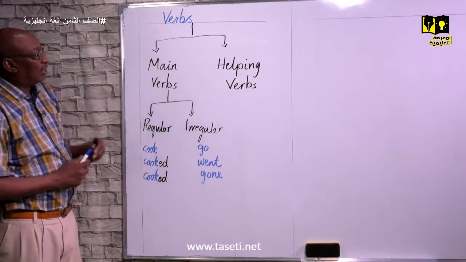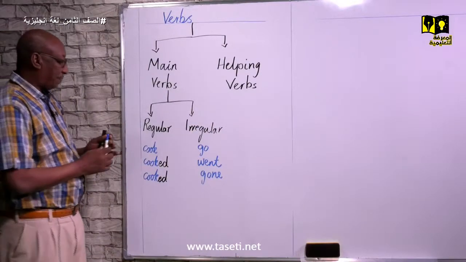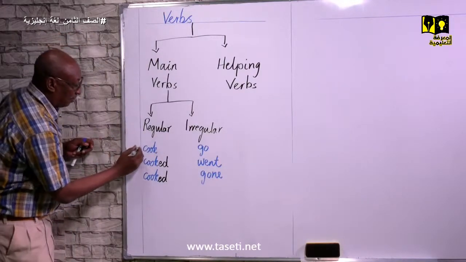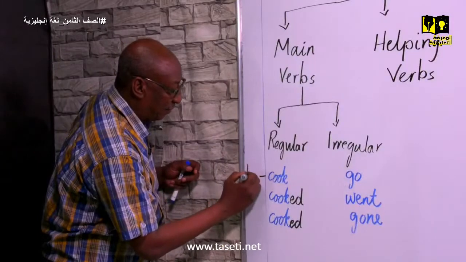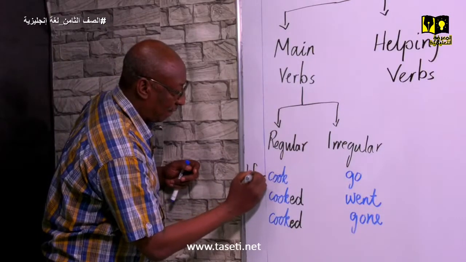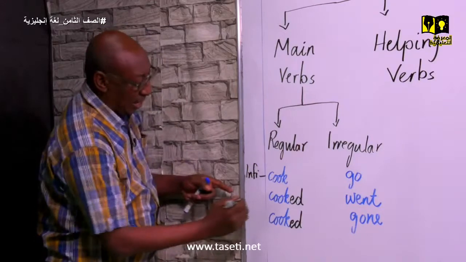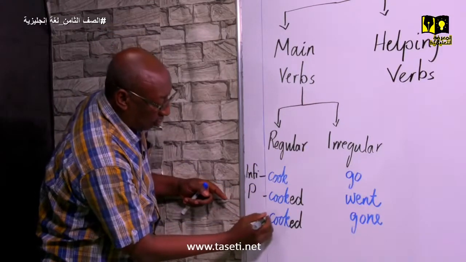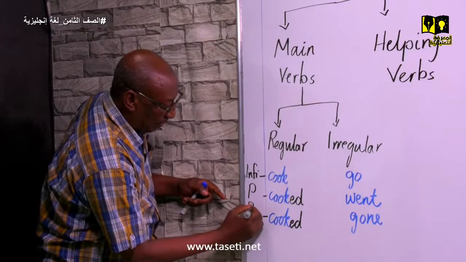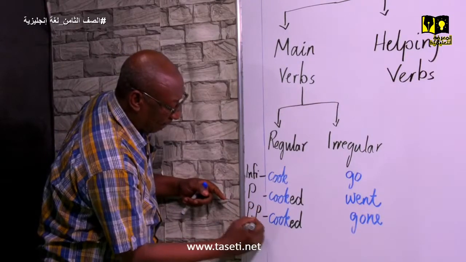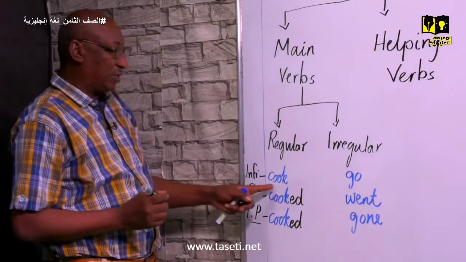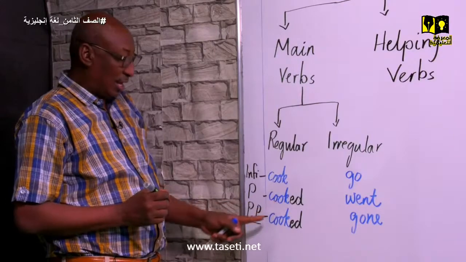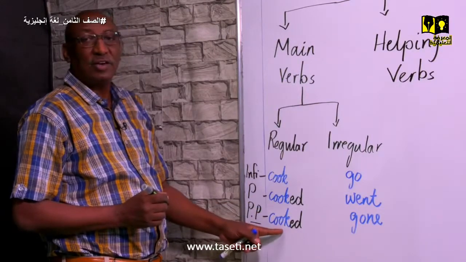If you look at the helping verbs, here we find, for example, cook, this is the infinitive, and cooked, this is the past, and cooked is the past participle. Right, we see that the infinitive is cook, and the past is cooked, and the past participle is cooked.